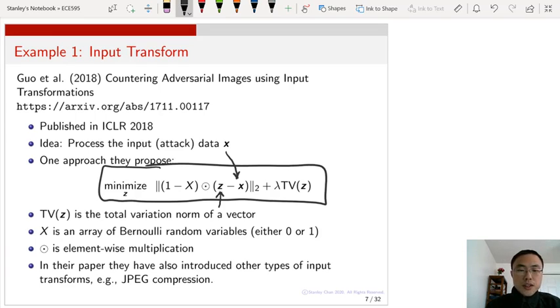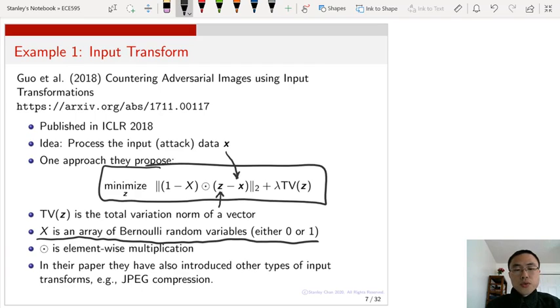Now, in this objective function, you have two terms. The first term says that I'm going to subtract X from Z, and so that will be the difference between your optimization variable and your input. There is also another term called 1 minus M. This is a mask. And so M is an array of Bernoulli random variables, which is either 0 or 1 for every pixel.